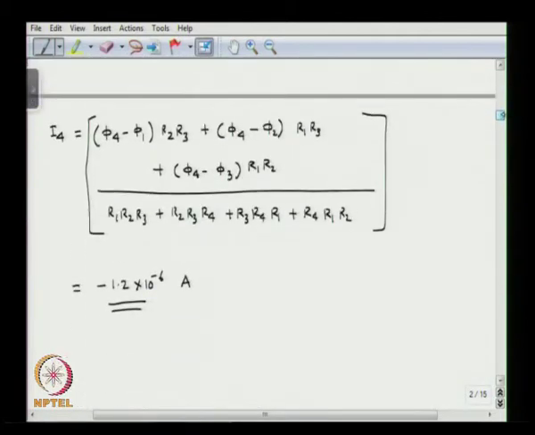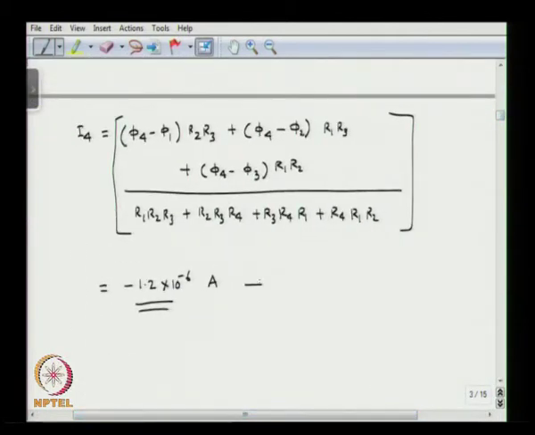What that means is the direction of I4 is reversed, so it is going from the junction towards port 4.